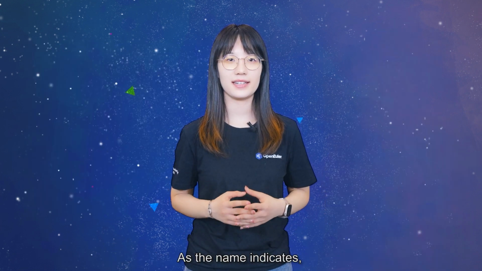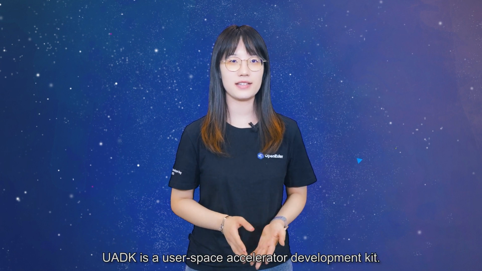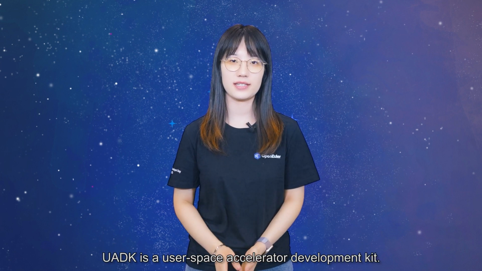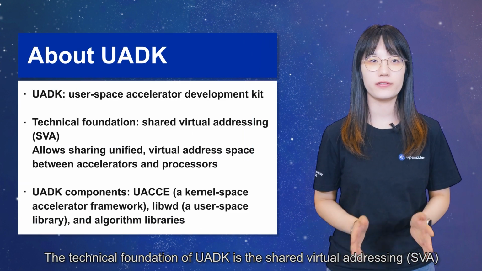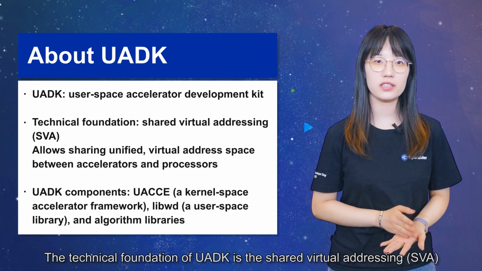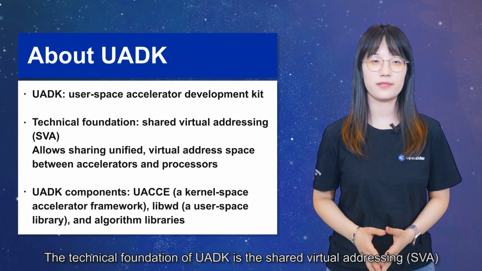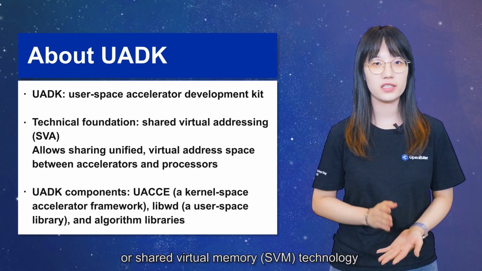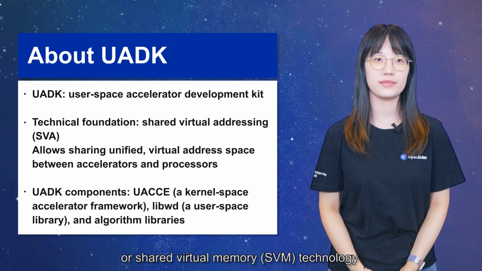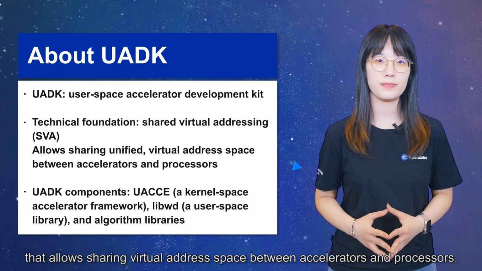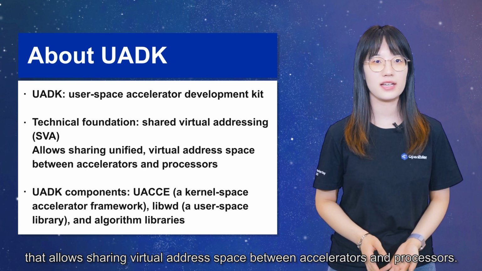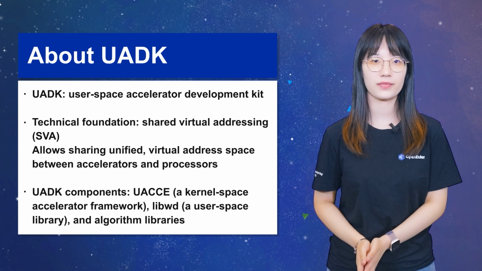So, what's the relationship between UADK and hardware accelerator? As the name indicates, UADK is a User Space Accelerator Development Kit. The technical foundation of UADK is a Shared Virtual Addressing (SVA) or Shared Virtual Memory (SVM) technology that allows sharing virtual address space between accelerators and processors.